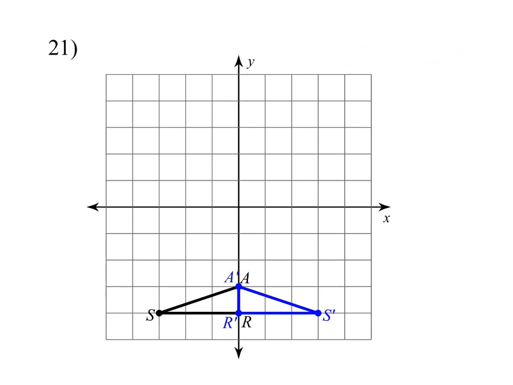And you get that. 21, this is looking like it's just reflected over my y-axis, which if you're going to do that, you write x, y goes to, all your x's are going to go to the other side, so that's why it's negative x. And all your y's stay the same.